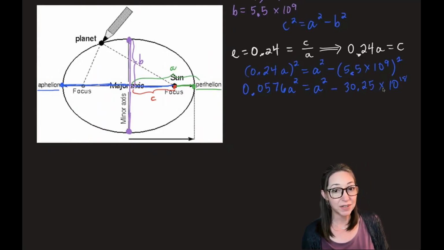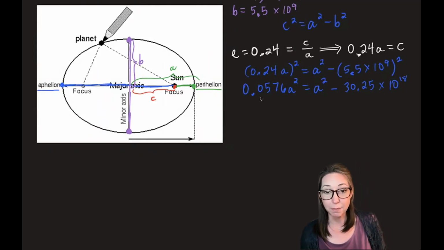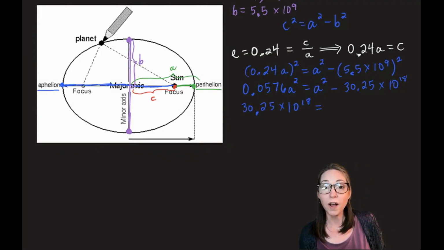Continuing simplifying, I'm going to add this number to both sides and subtract this number from both sides in one big fancy step. That'll give us positive 30.25, and I could probably move the decimal over one, but it's fine how it is right now. So 30.25 times 10 to the 18th on the right is equal to 1a squared.